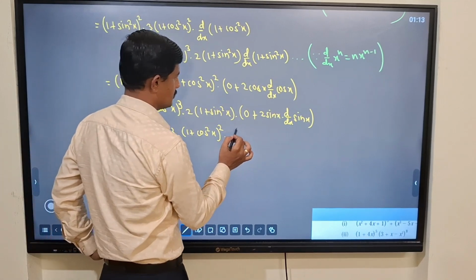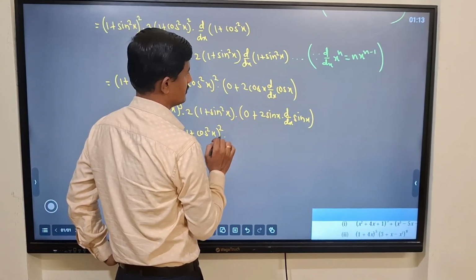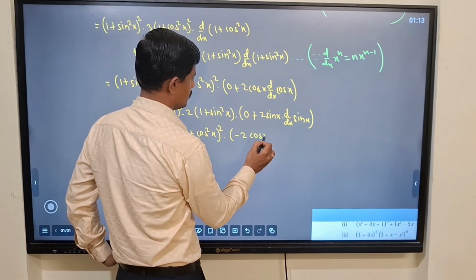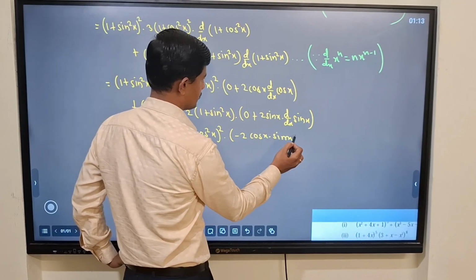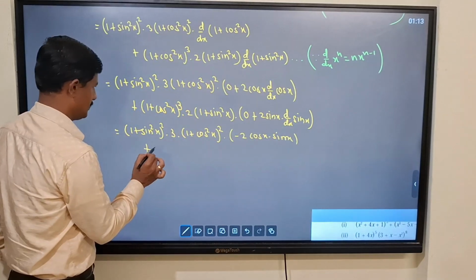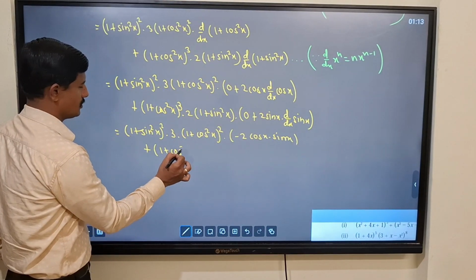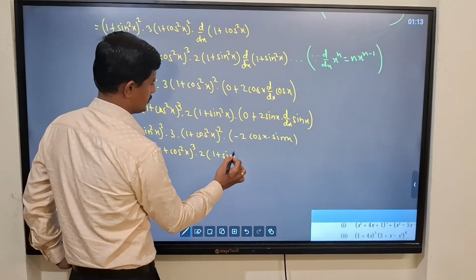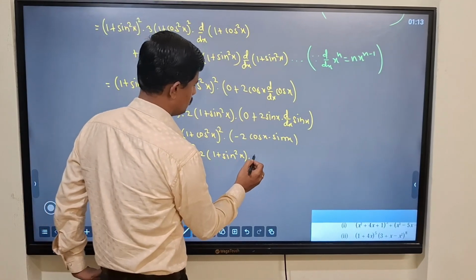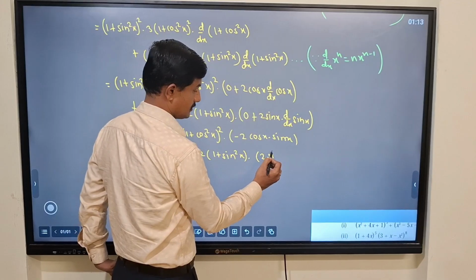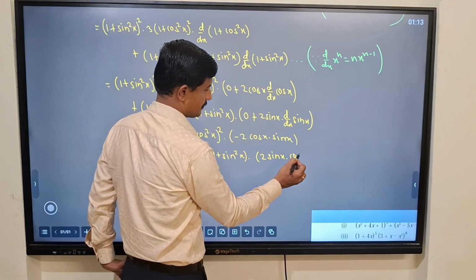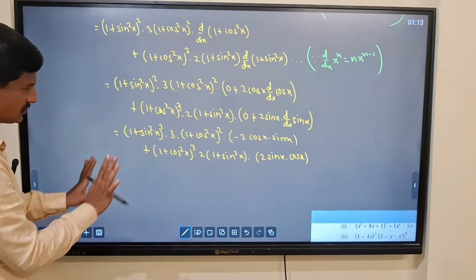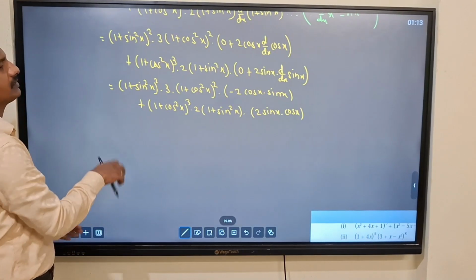This becomes, the differentiation of cos x is minus sin x, so I will write down minus 2 cos x into sin x, plus (1 + cos²x)³ into 2(1 + sin²x) into 2 sin x. Differentiation of sin x is cos x. Now you can stop your answer here after rearranging the terms. Okay, I will simplify it more.